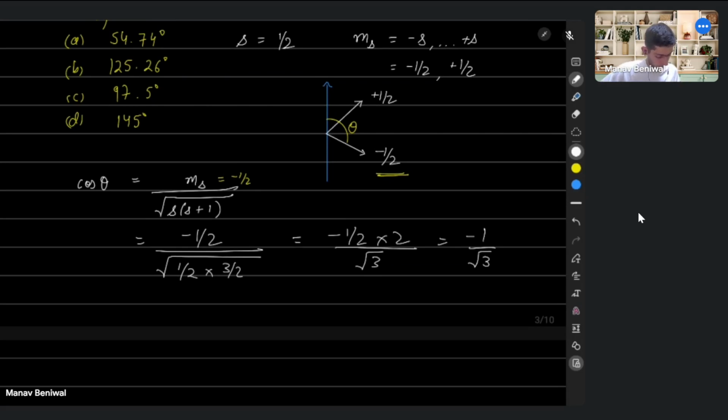Then theta will be nothing but cos inverse of minus 1 over root 3, which is equal to 125.26 degrees, which gives us our correct answer.